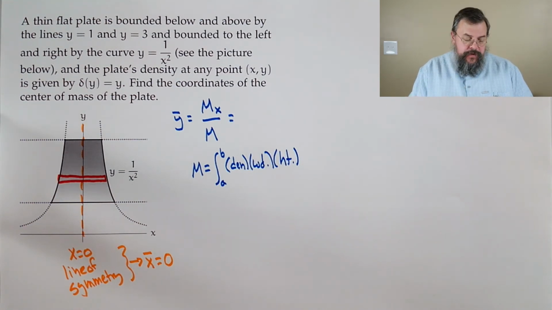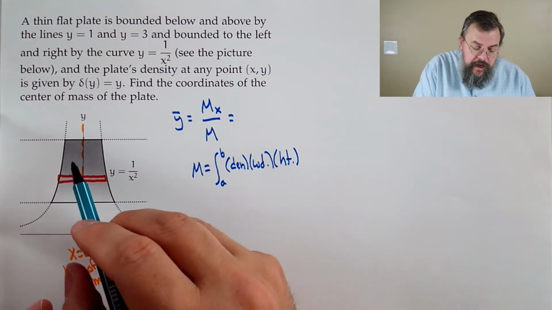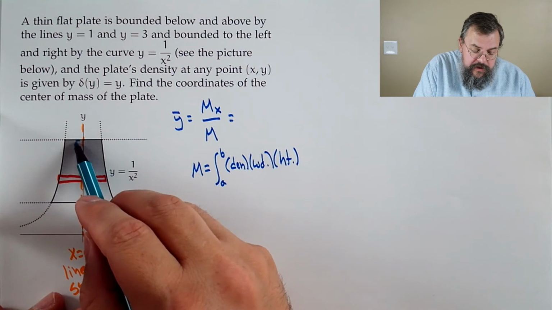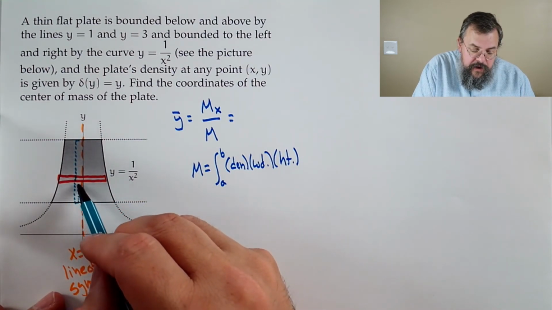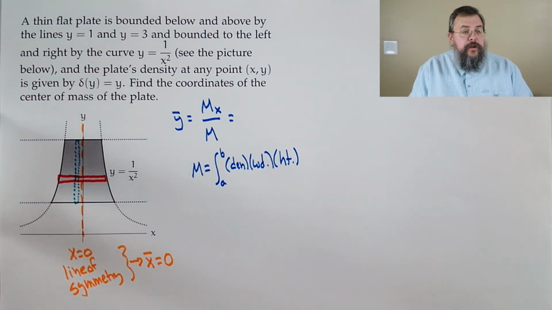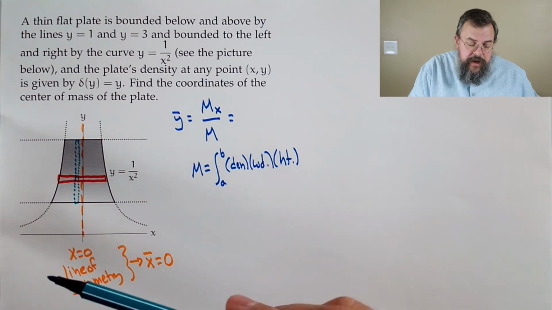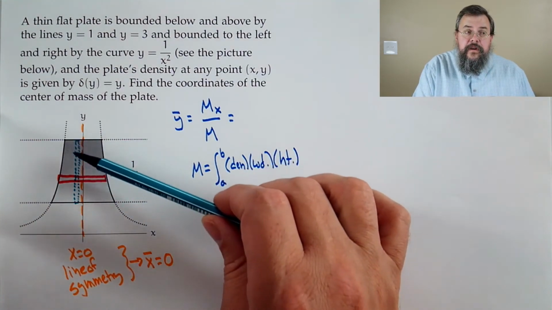Okay, good question. I think this is a good place to point out why it couldn't be a vertical slicing. So let's, for a second, look at this picture, and suppose we were to do a vertical slice. I'm just going to do a little dot here, just to emphasize, this is not what we're doing. This is just for our conversation. If you look at the picture, what do you notice about the density over the range of the slice?